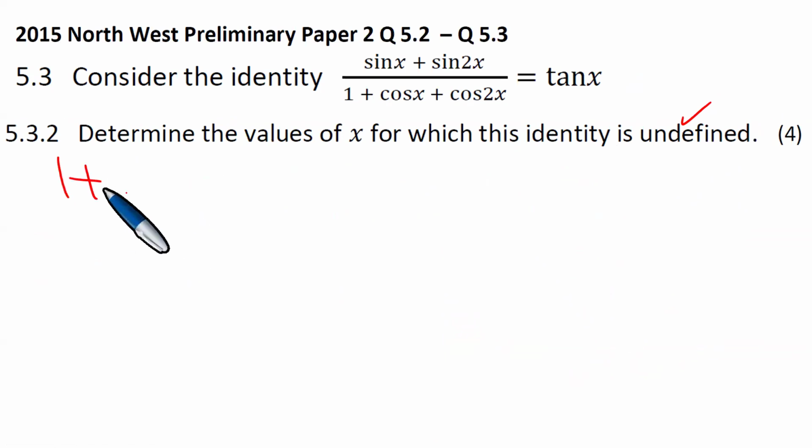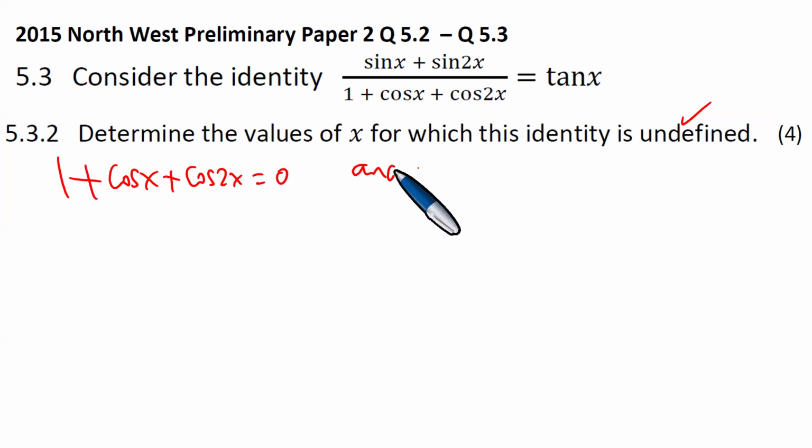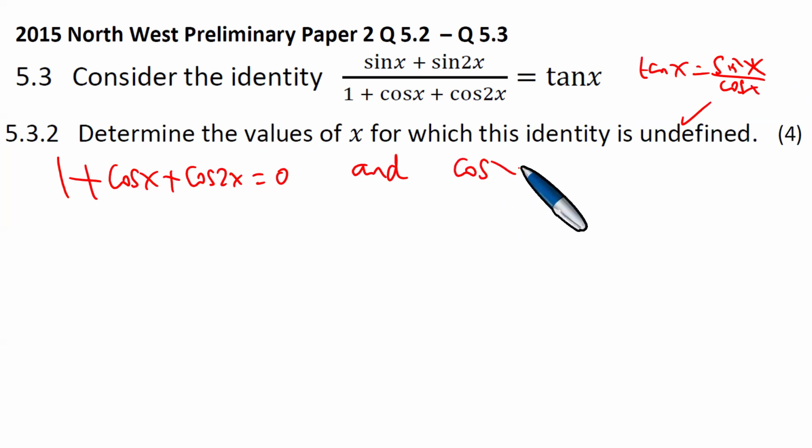So you're going to consider 1 plus cosine x, cosine 2x equals 0. And because we know that tan x is sine x over cosine x, we're going to say cosine x equals 0 for the tangent part.